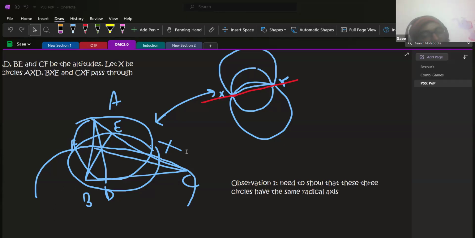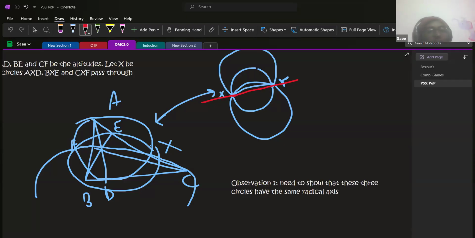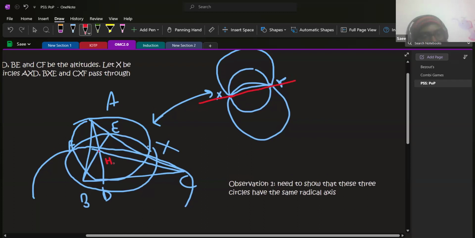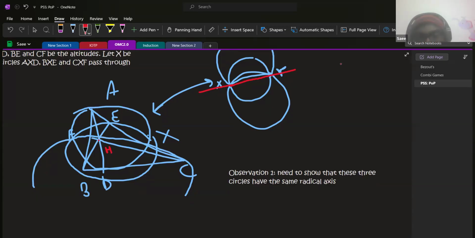Harshit is saying for every pair of circles, the radical axis has to pass through X because all of the circles themselves pass through X. And he's saying even the orthocenter, let's call it H, has to lie on the radical axis of all the three circles. Can somebody who's not Harshit explain why that has to be the case?